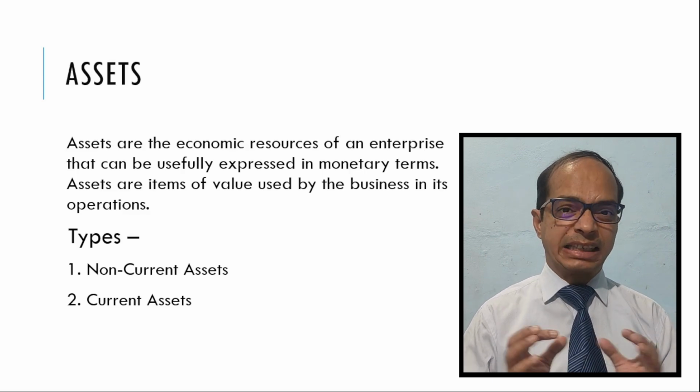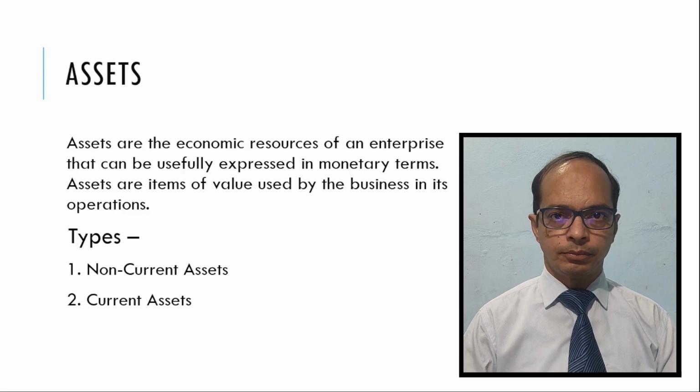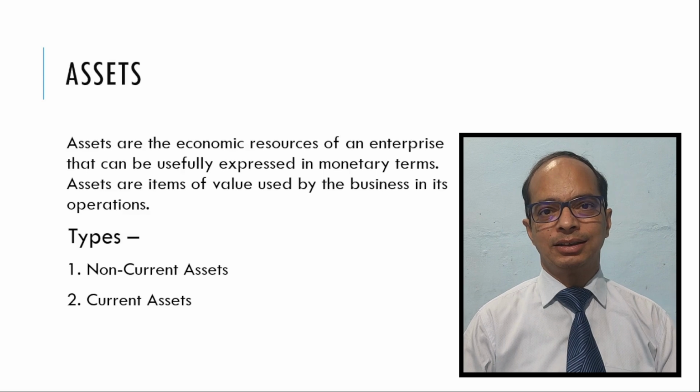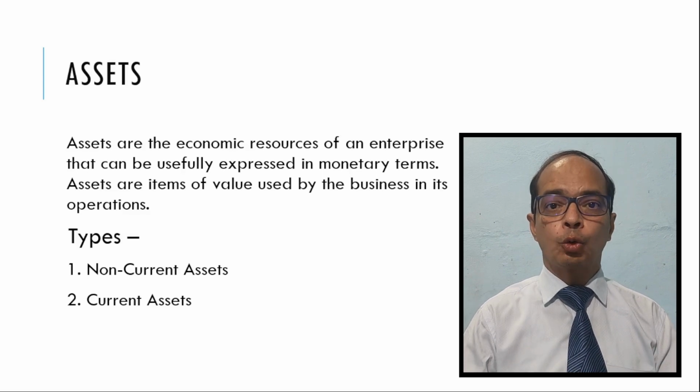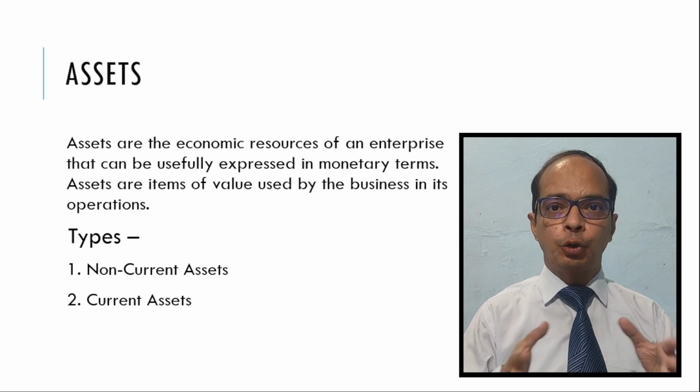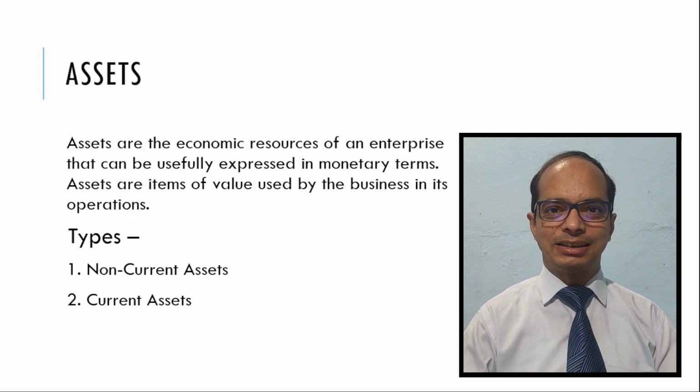If we exclude stock and prepaid expenses from the current assets, then these are known as quick assets. Another name for quick assets is liquid assets, meaning there is liquidity in these assets. Liquidity means convertibility into cash. At very short notice, say a maximum of 3 months, we can convert these assets into cash.